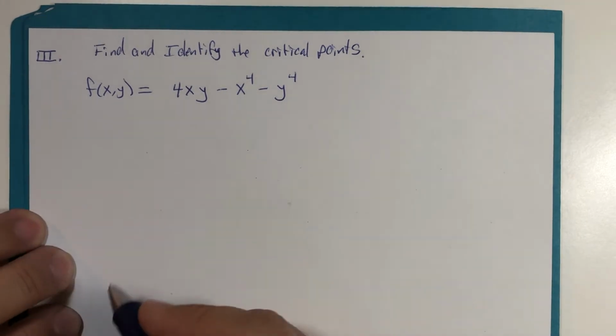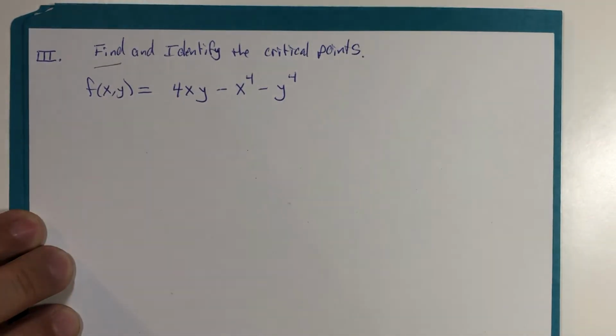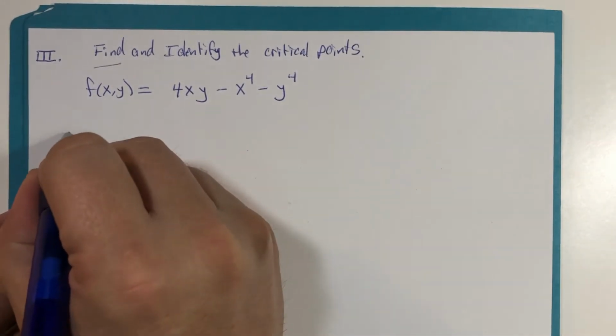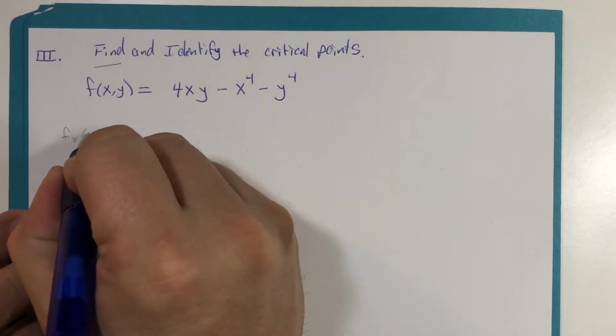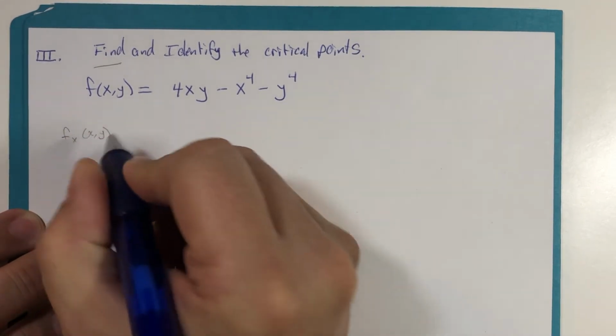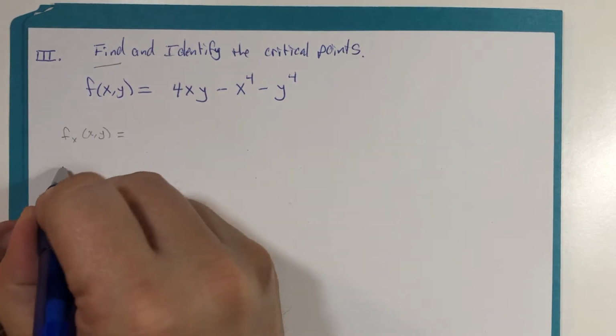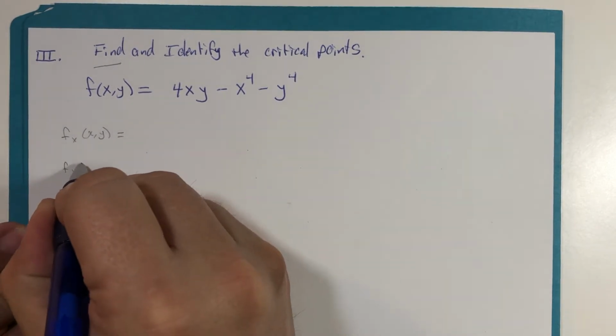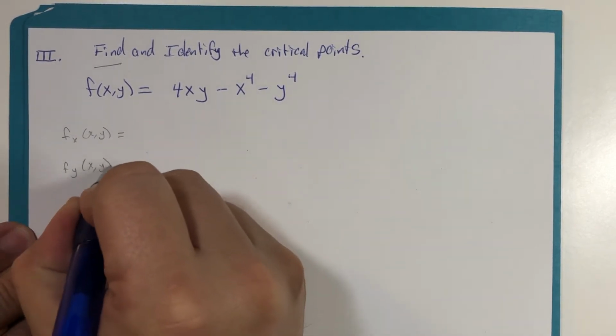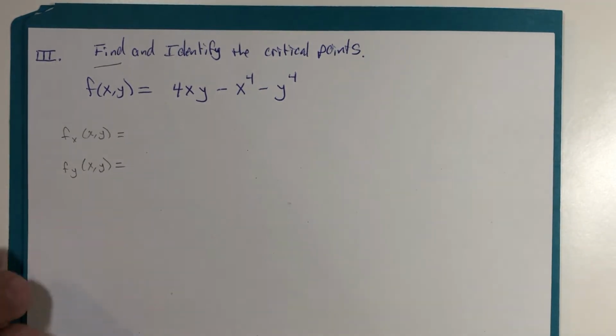First, we have to find the critical points. So we're going to need that first derivative with respect to x and that first derivative with respect to y. And we'll set them both equal to 0 to get started.